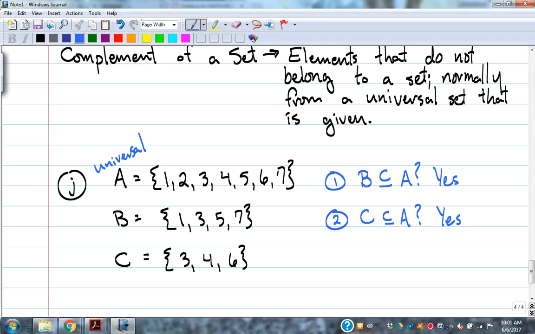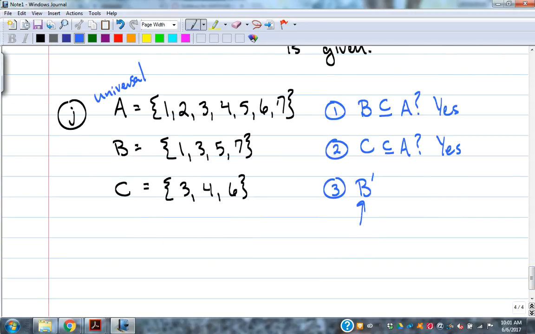What we did this whole definition before out of that. B and then an apostrophe. Basically, it's a prime mark is what they call it in math, but it's like an apostrophe, a single quote. That means the complement of B. All right.